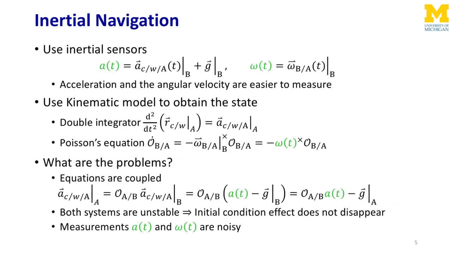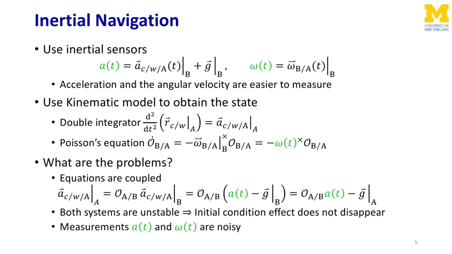So the other option is to use the model of the system and simpler measurements. The simpler measurements are given by inertial sensors. Professor Bernstein talked about inertial sensors, the accelerometer and the rate gyro.